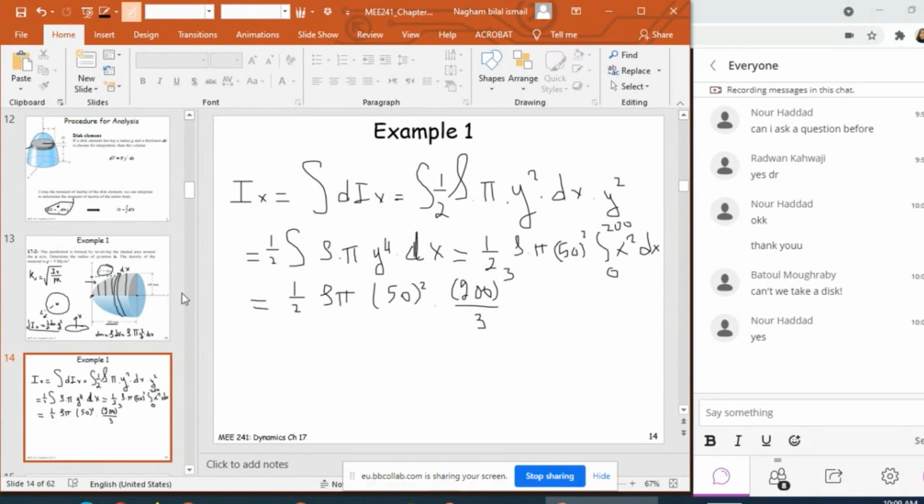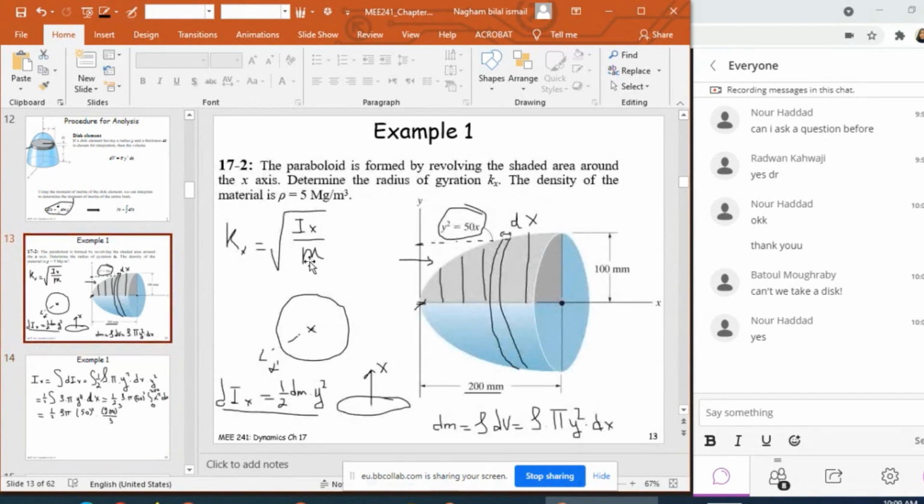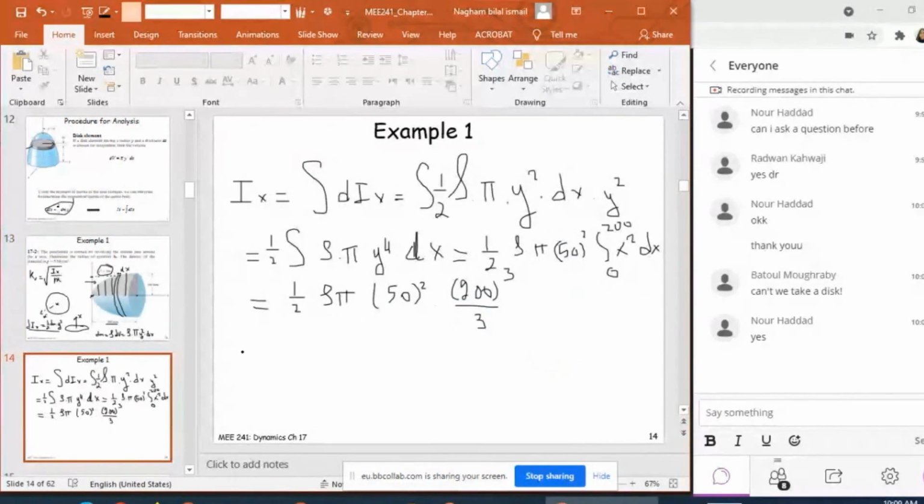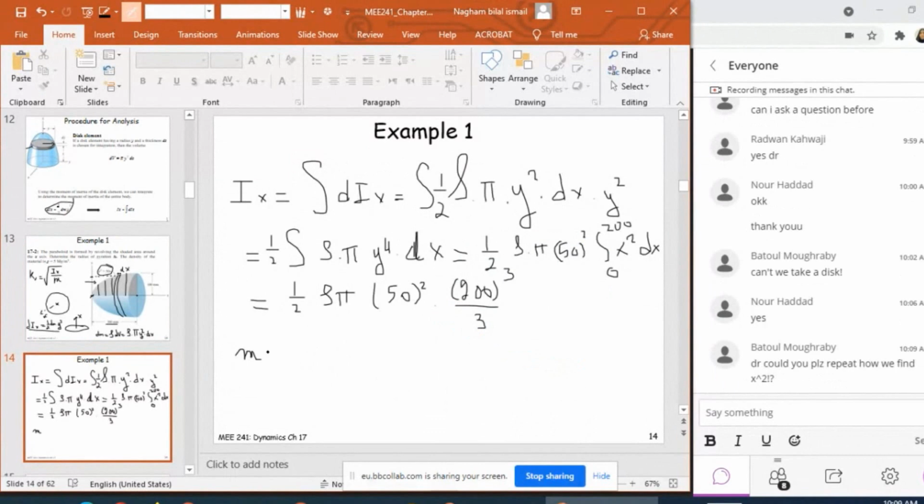All right, guys. Now, am I done? In fact, no, because I need to find also the mass. And what is the mass? The mass is, in fact, the integration of dm.